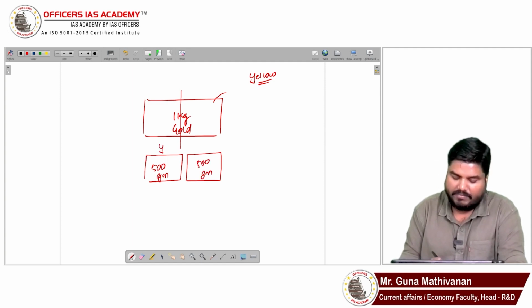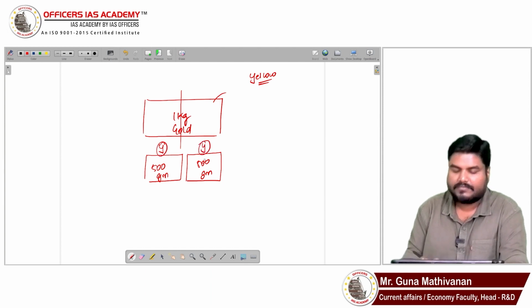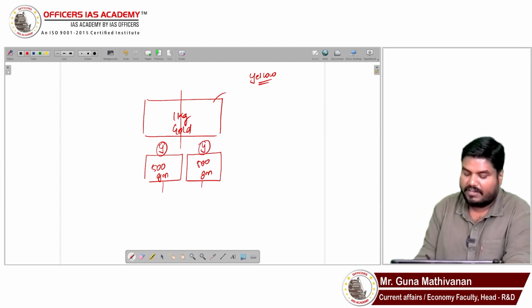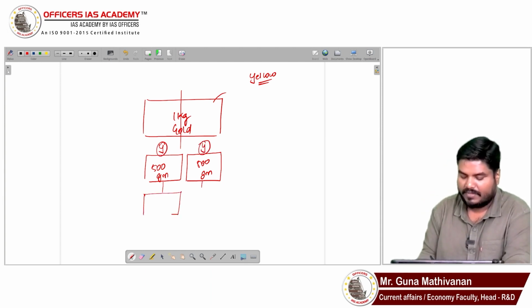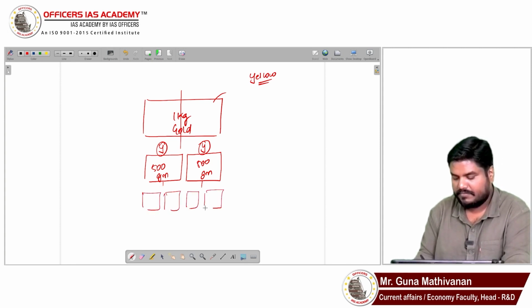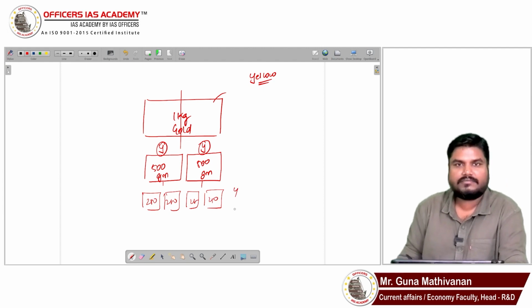Again, both will have yellow color. Now I divide that further: 250 grams, 250 grams, 250 grams, 250 grams. Everything is going to be yellow in color.